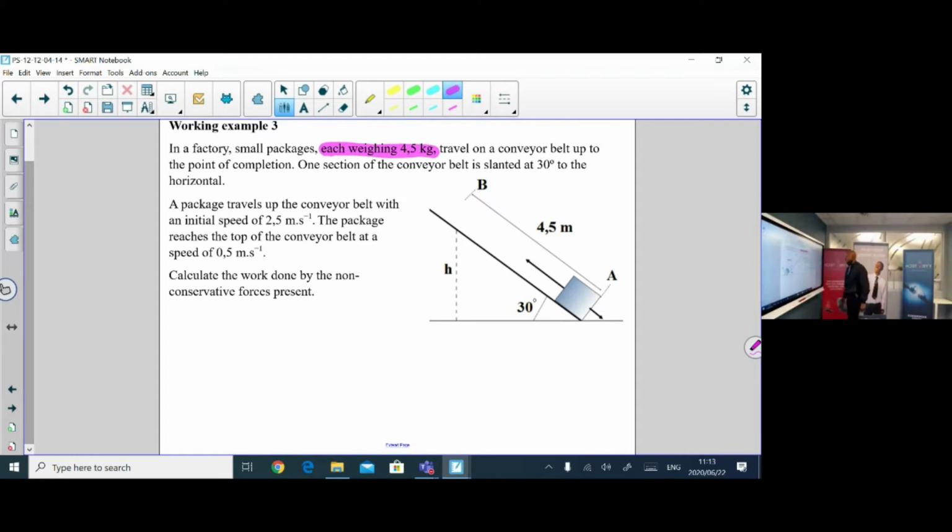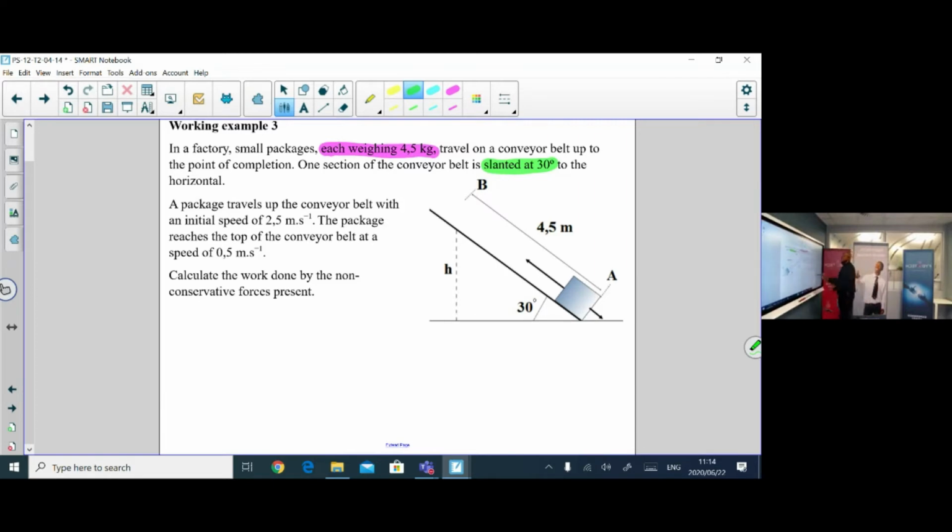One section of the conveyor belt is slanted at 30 degrees. I'm trying to highlight the given information so that it will be easy for us to write our data. Okay, it's slanted at 30 degrees to the horizontal.